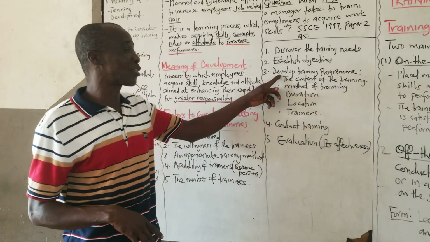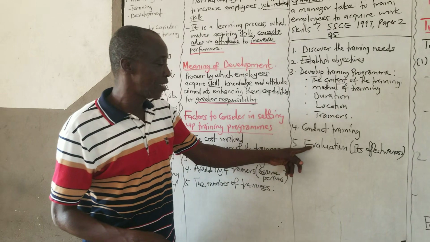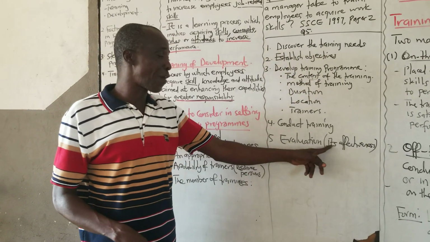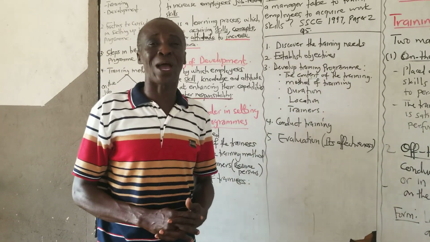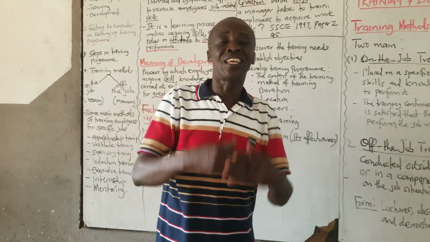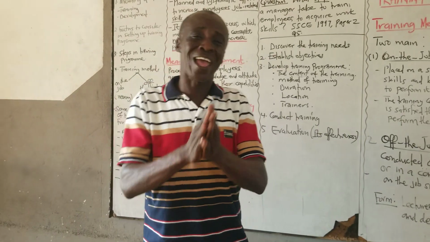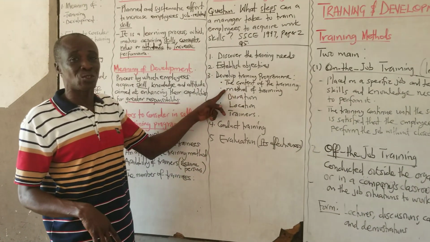Now remember, you have set an objective. So you have to finally evaluate the training program in order to find out its effectiveness. Were you able to achieve your objective? You need to do evaluation. The evaluation will enable you to know whether you were able to achieve the objective that you set.